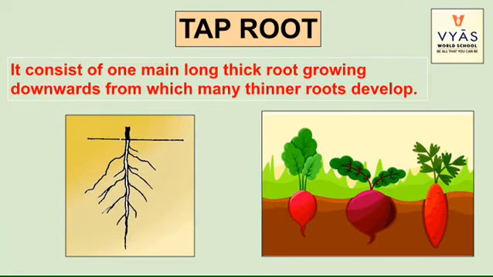The examples of tap root are plants like turnip, radish, carrot, bean, tea, mustard and pea. All these plants have tap roots.